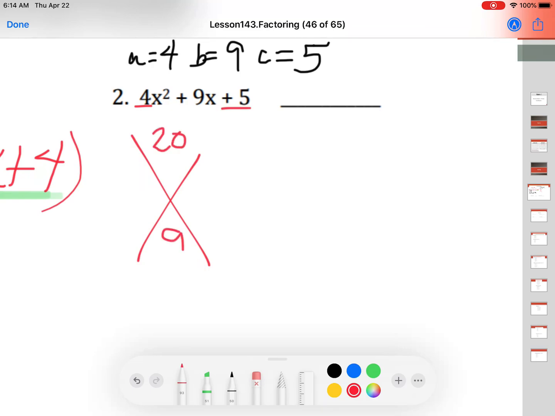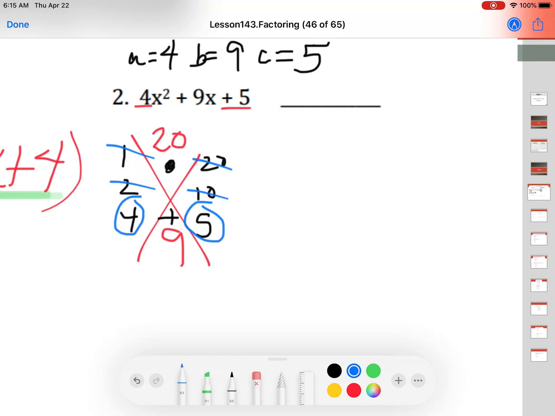B goes on the bottom. 9 is on the bottom. So I need to figure out what multiplies to make 20 but adds to make a 9. 20 is the same as 1 times 20, 2 times 10, and 4 times 5. 4 plus 5 makes 9.